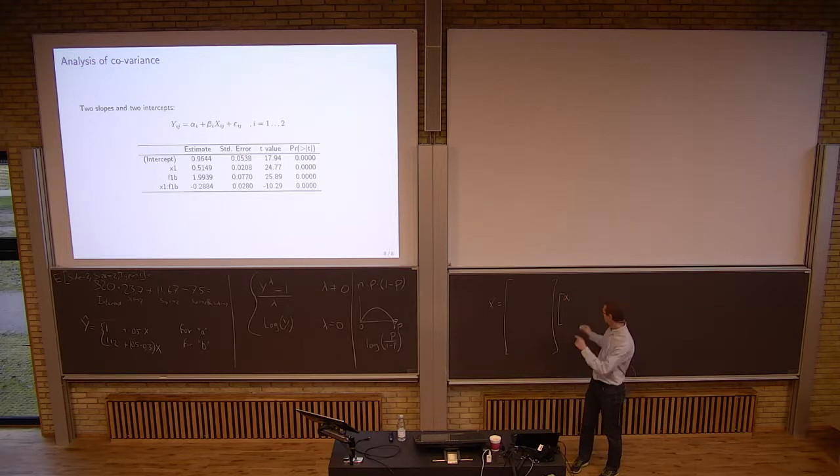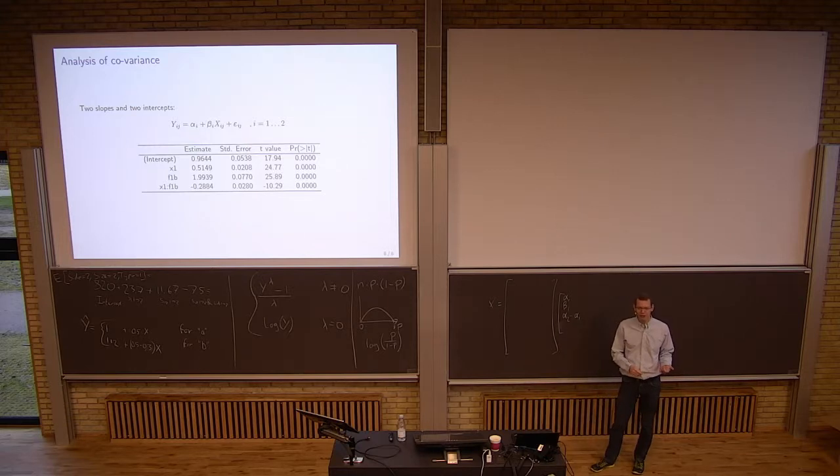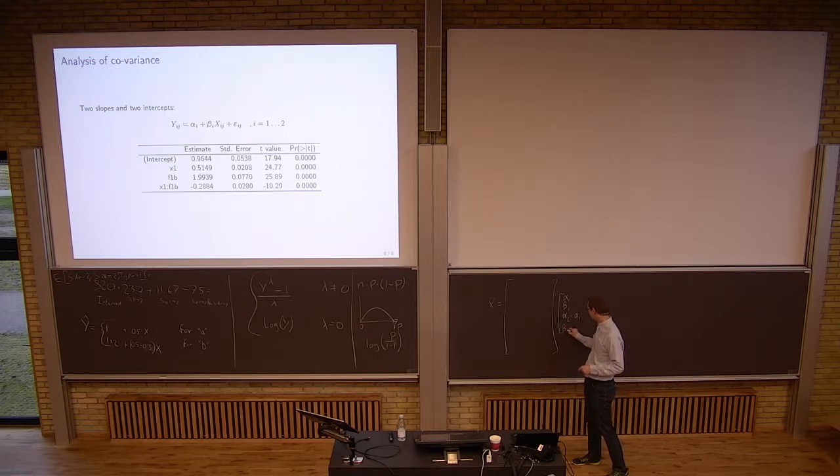The second one is the slope, that's a slope of beta 1. And then what we have, the F1B, that is alpha 2 minus alpha 1, just as we did the other day. And then the last parameter that we estimate there, that is beta 2 minus beta 1.